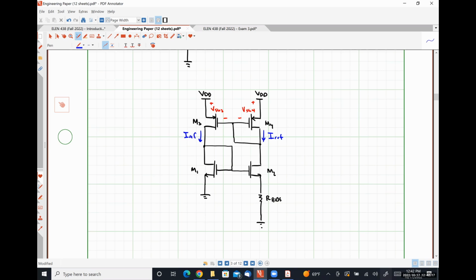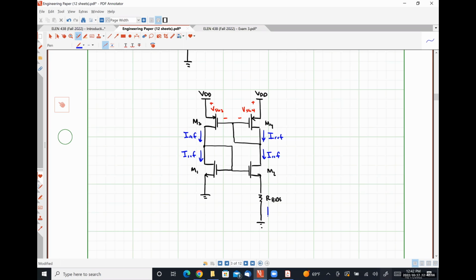And M3 has to be carrying that same exact current because we have a current mirror here. So the I reference that's being sourced by M3 serves as the reference current for transistor M1, which means M1 is also carrying a reference current, IREF, and M2 has to also be carrying IREF as well, because there's literally no other place for the current being sourced by transistor M4 to go.